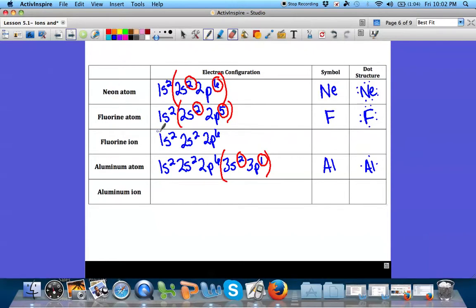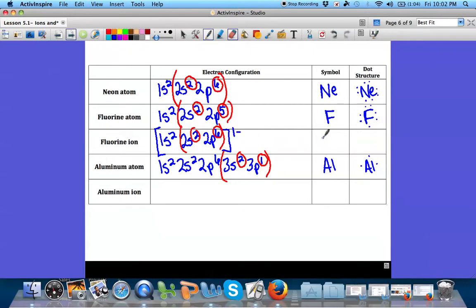So now we need to put it into ion notation, which means that we're going to put brackets around the electron configuration, and then we're going to put the charge in there. Our valence electrons are in the outermost energy level, so we have 8 for our fluorine ion.